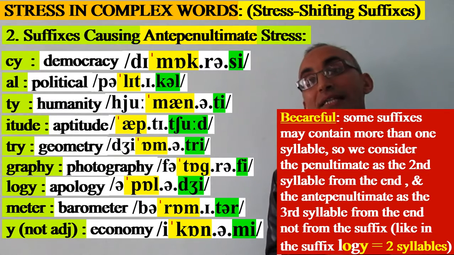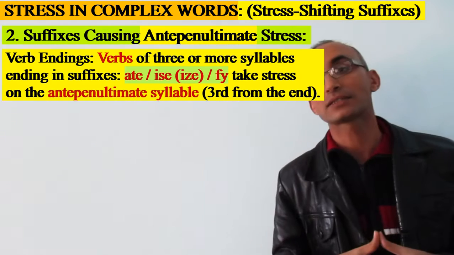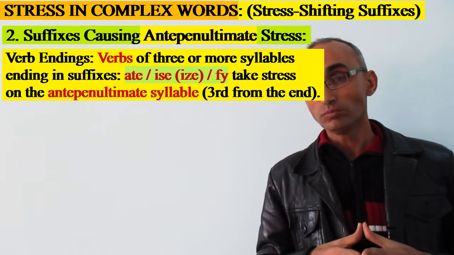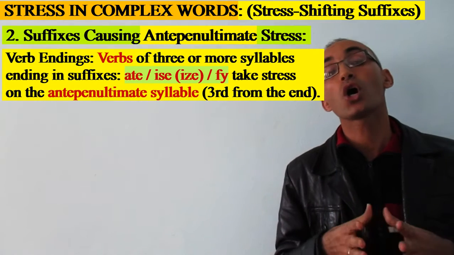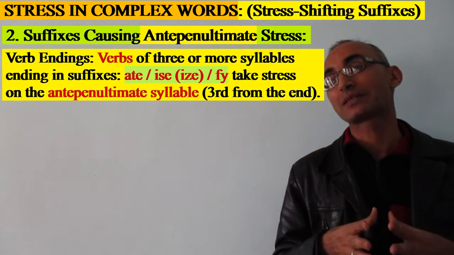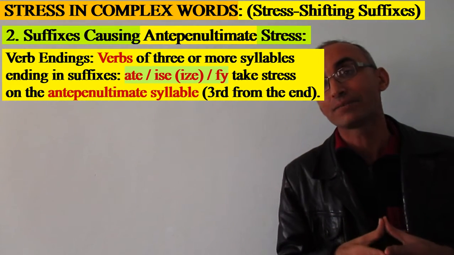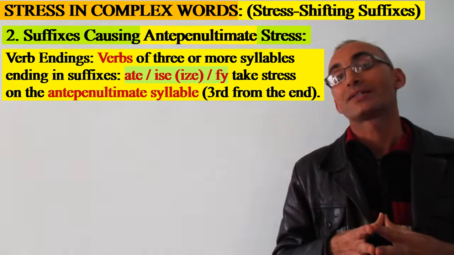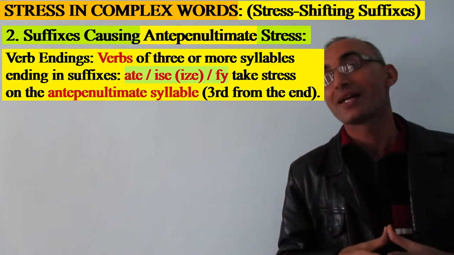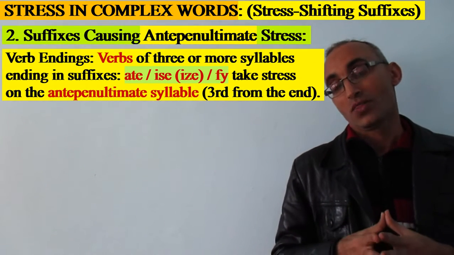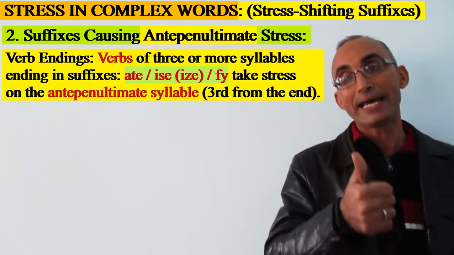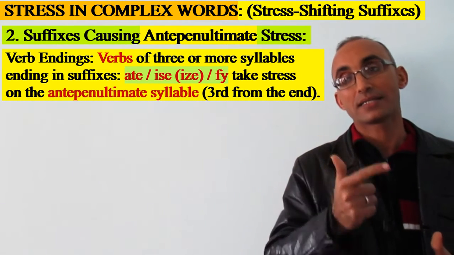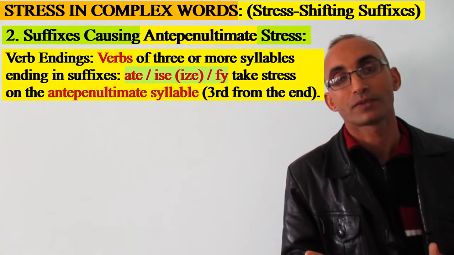Also we have another category of suffixes which cause anti-penultimate stress. Here we speak about the case of verbal endings, which cause anti-penultimate stress mainly if the English verb of three or more syllables ends with the suffixes or endings -ate, -ize with Z or with S, and also -fy.